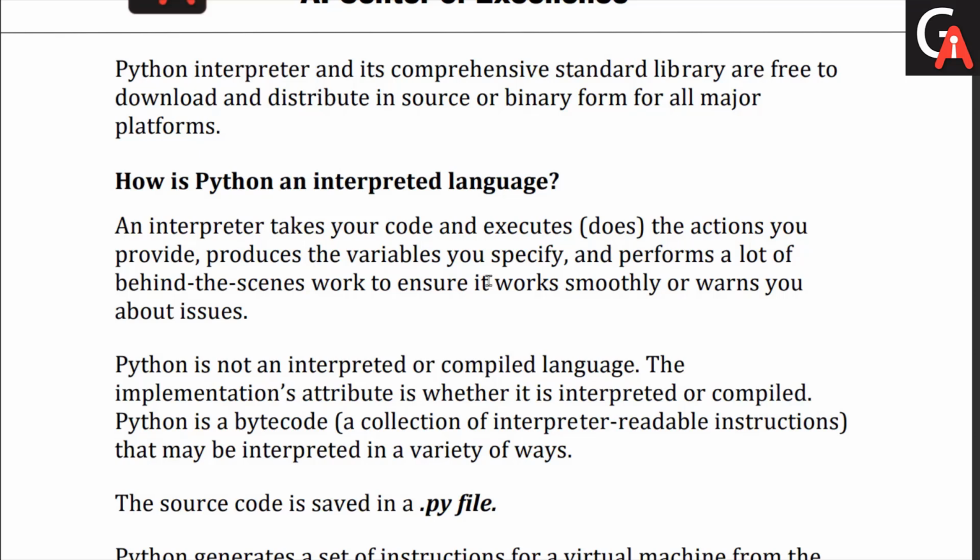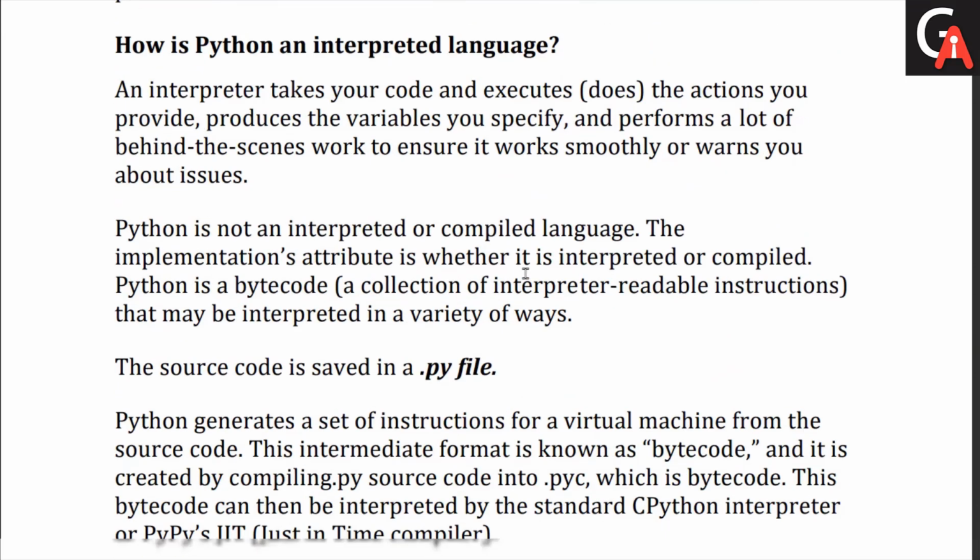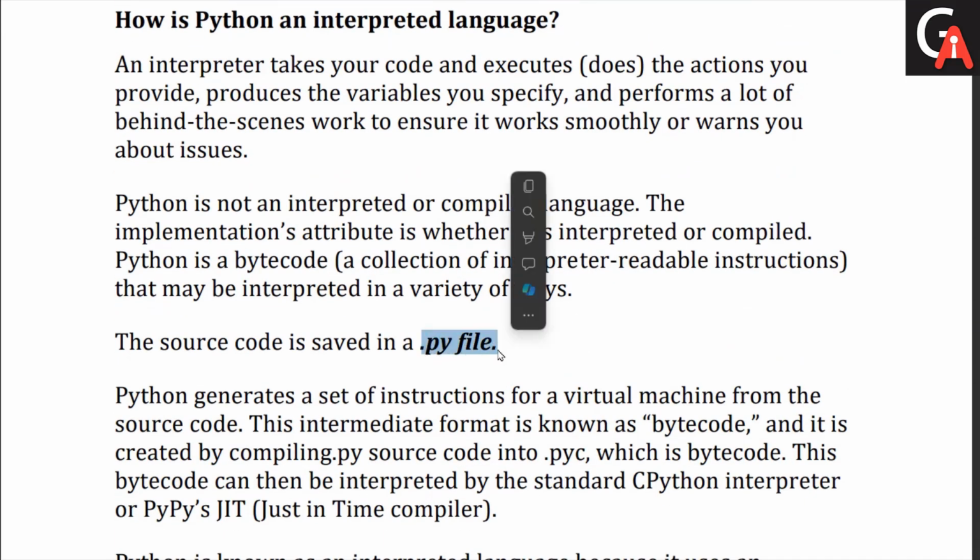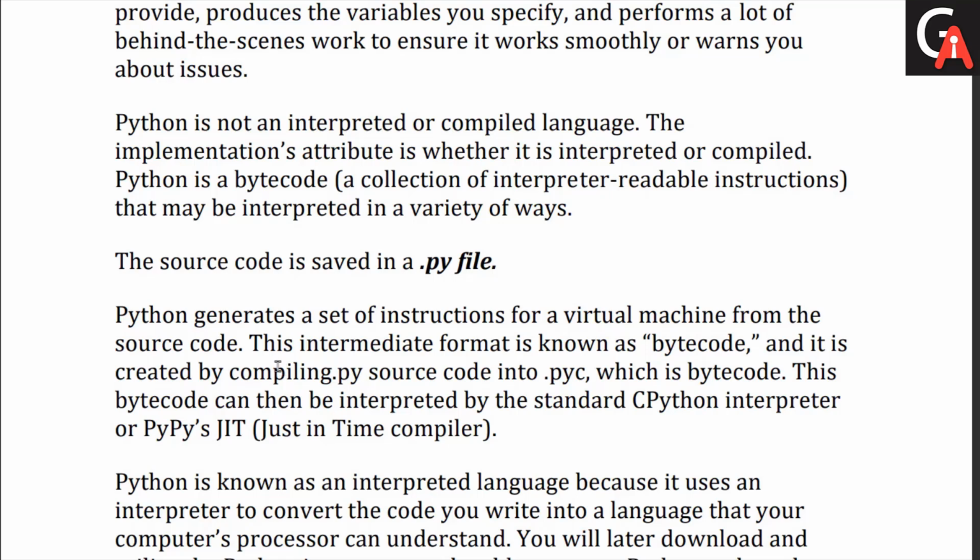Okay, Python uses bytecode, a collection of interpreter readable instructions that may be interpreted in a variety of ways. Such as, if you save the file with a .py extension, Python generates a set of instructions for the virtual machine from the source code. This intermediate form is known as bytecode, and it is created by compiling .py source code into .pyc, which is the bytecode.